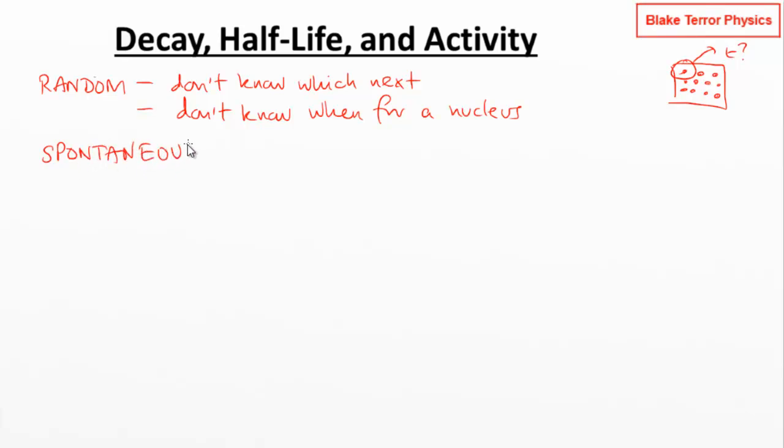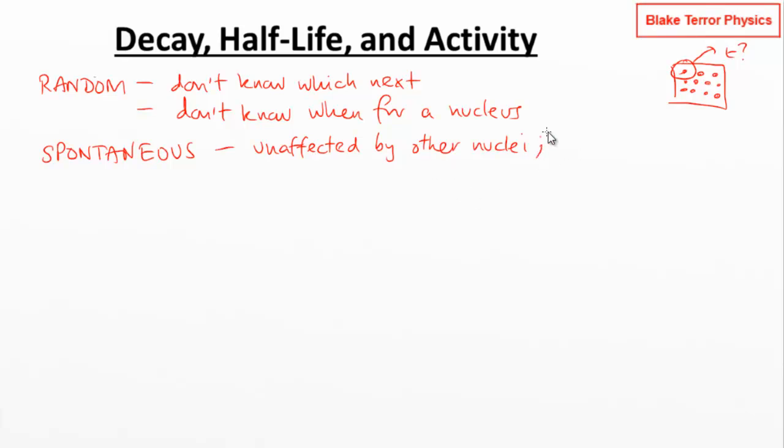And by spontaneous, we mean that it's unaffected by external factors. So it is unaffected by other nuclei, whether they're decaying or not. There's no weird causality going on here where they're all sitting around and one of them goes, so the others don't because that one's decayed.